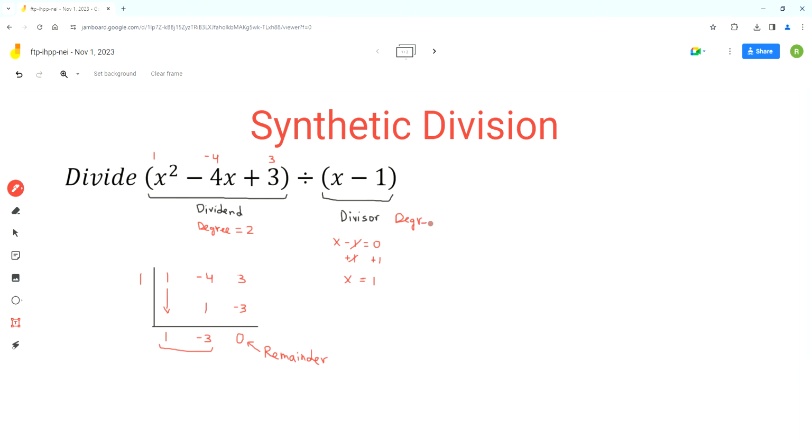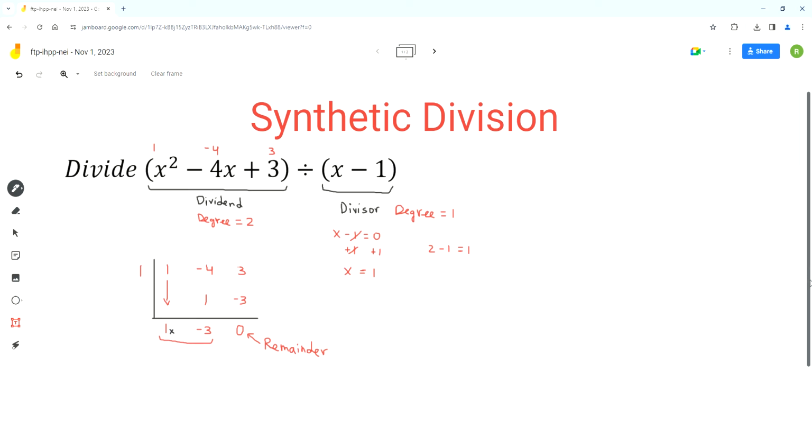That means the degree of the quotient will be 2 minus 1, which is equal to 1. So the degree of the quotient is 1. That means we will put an x with the first number, and the second number will just be the number term in the quotient.